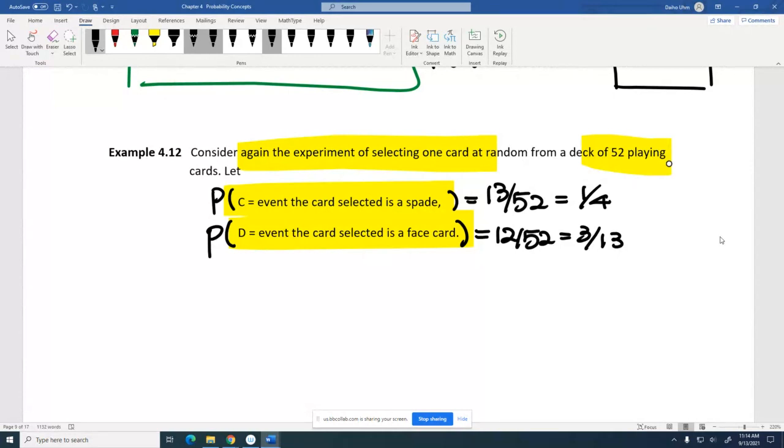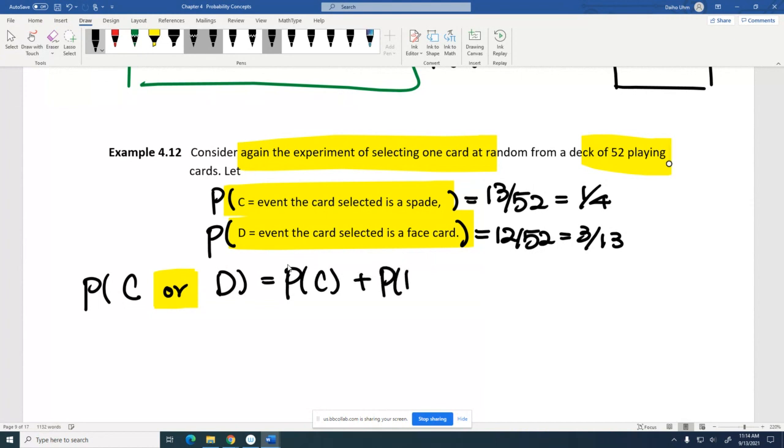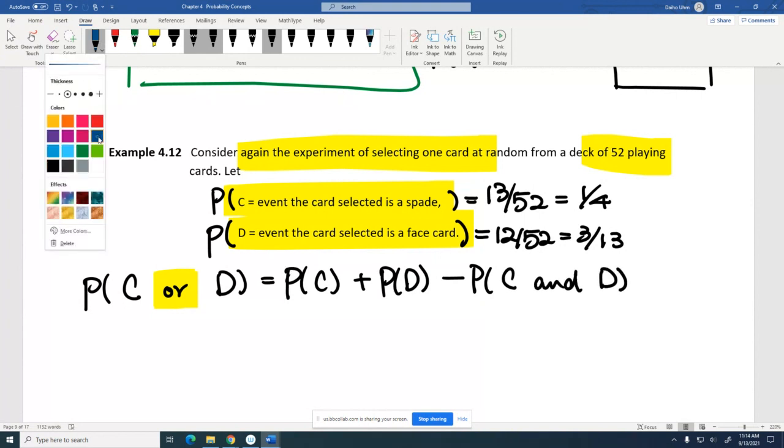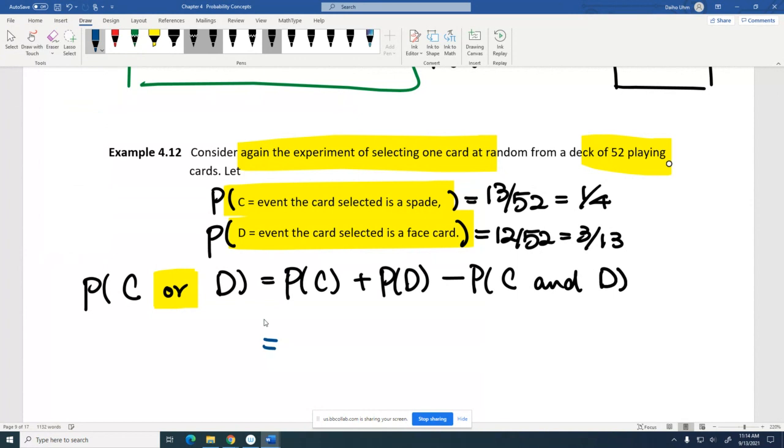But now, if I want to get C or D, simply we can apply the general addition rule. So the probability of C plus the probability of D individually, minus the probability of C and D. And already we took the individual probabilities.